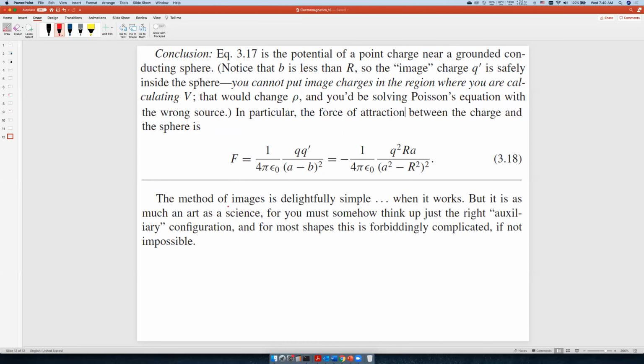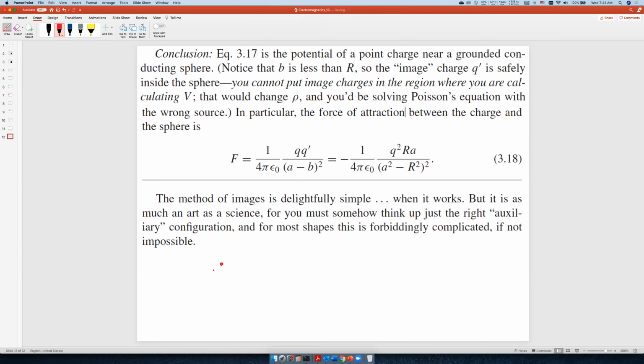Okay, the method of images is delightfully simple when it works, but it is as much an art as a science, for you must somehow think up just the right auxiliary configuration, and for most shapes, this is forbiddingly complicated, if not impossible. In other words, this is a very good method, but it works when there's some special symmetry.